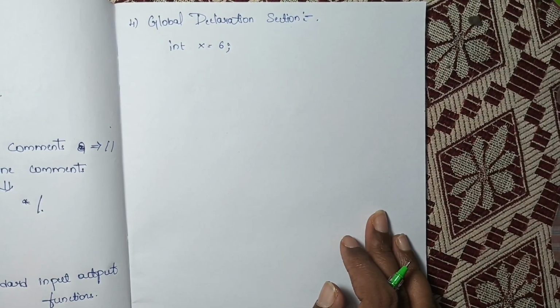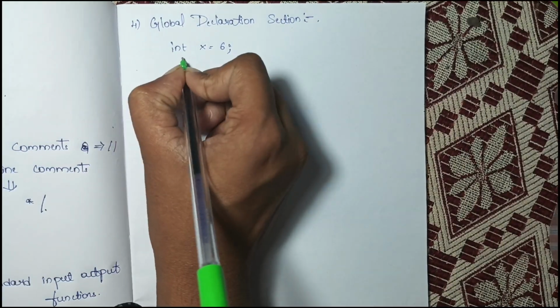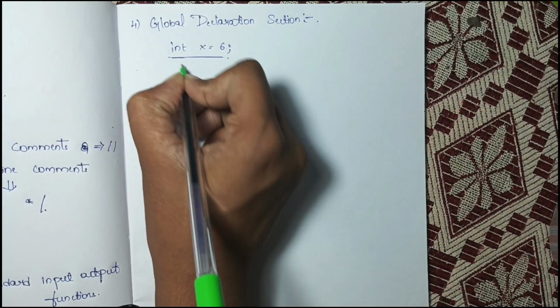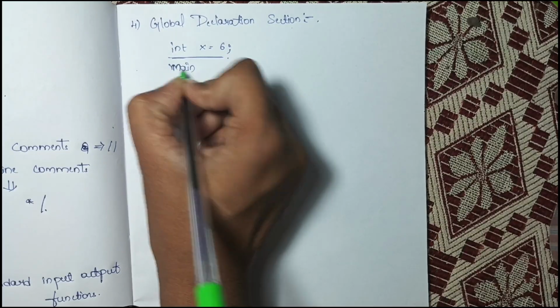If we declare any variable above the main function, we may use that variable anywhere throughout the code until the program ends. This global declaration section will be above the main function.